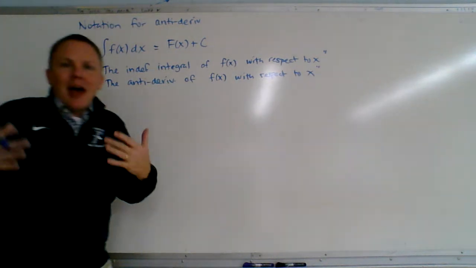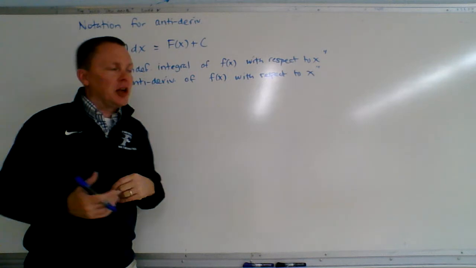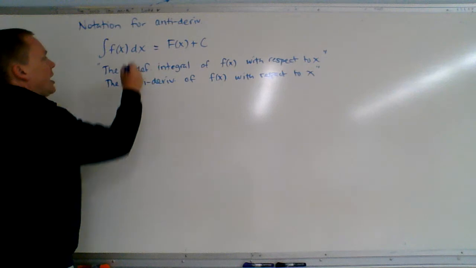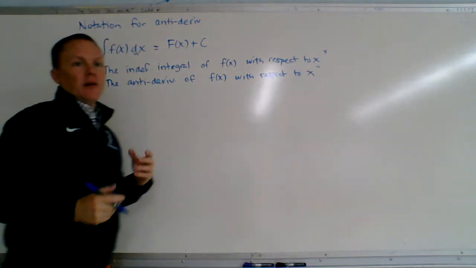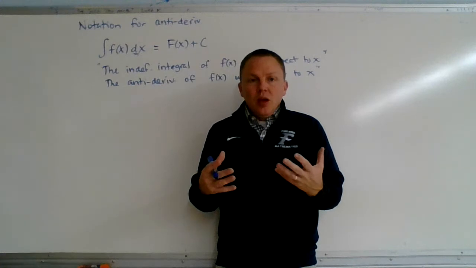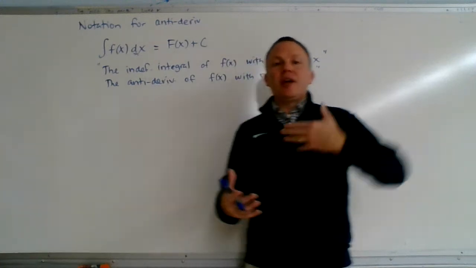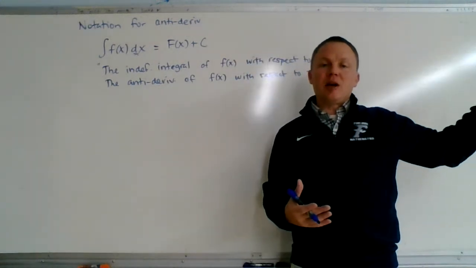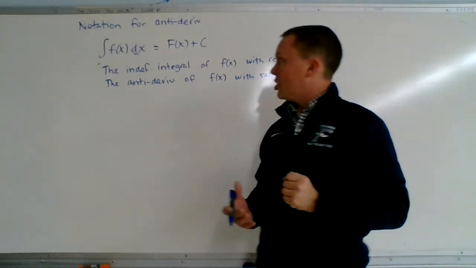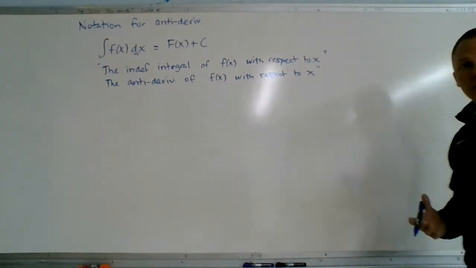Now, I'm adding on this with respect to x thing, and where that's coming from is right here. This dx here, for right now, I'm going to just tell you that that means with respect to x. It's like we're anti-differentiating with respect to x, just like we differentiated with respect to x. So same idea right now.